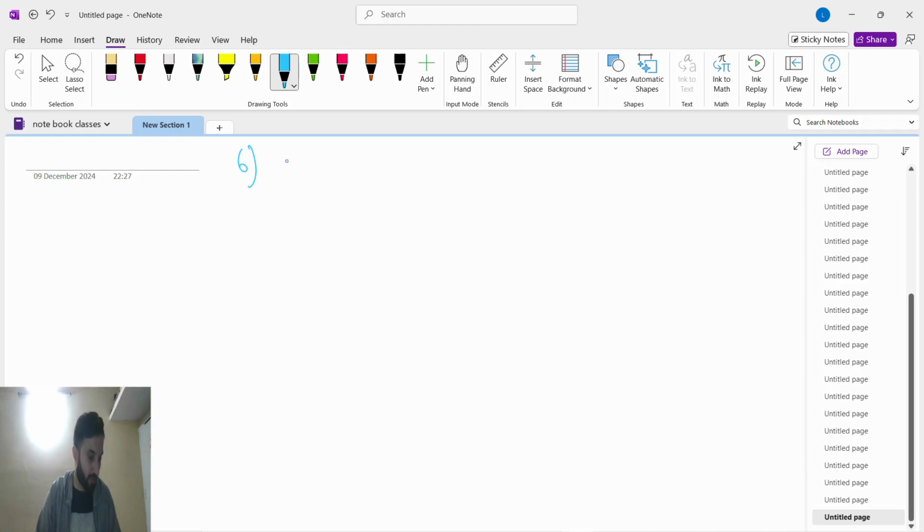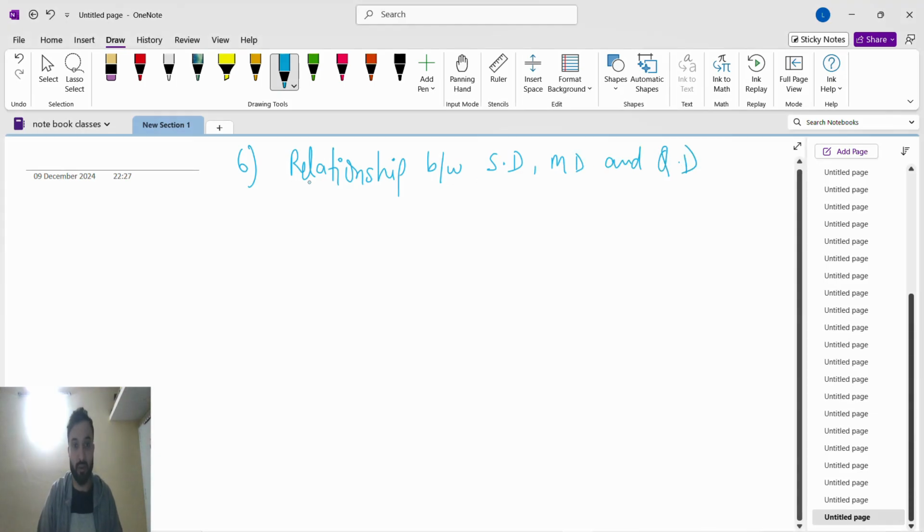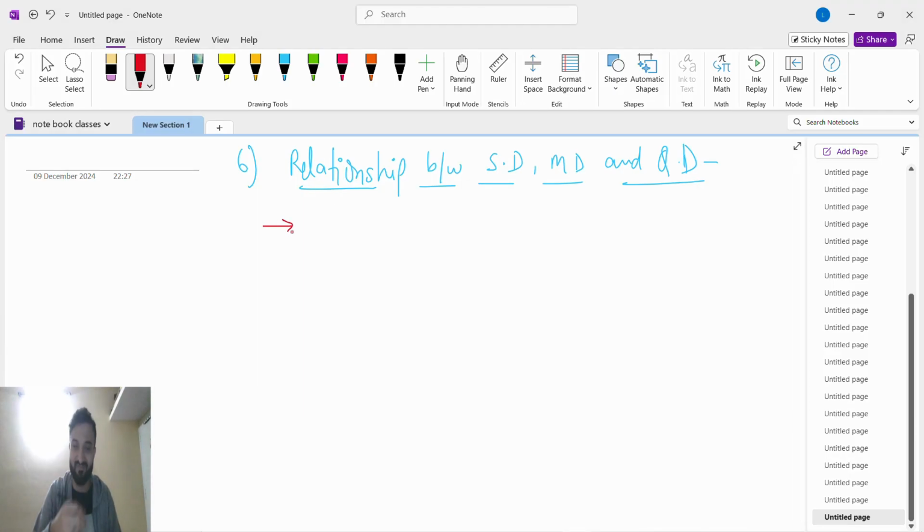They will ask the relationship between standard deviation, mean deviation, and quartile deviation, and they will ask the question also based upon this relationship. They will ask this formula. And the problem also, guys, they will ask based upon this.